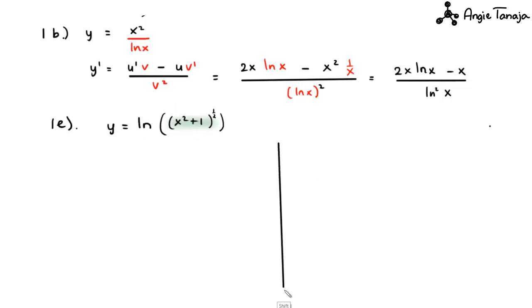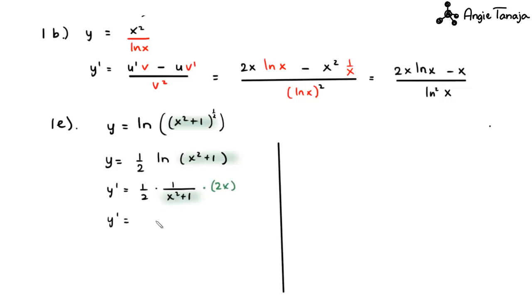Firstly, you can also modify the form of the question. It becomes half ln of this, correct? According to the properties of logarithm. So then it will be simply half times 1 over x squared plus 1, times 2x. So then it's simply x over x squared plus 1.